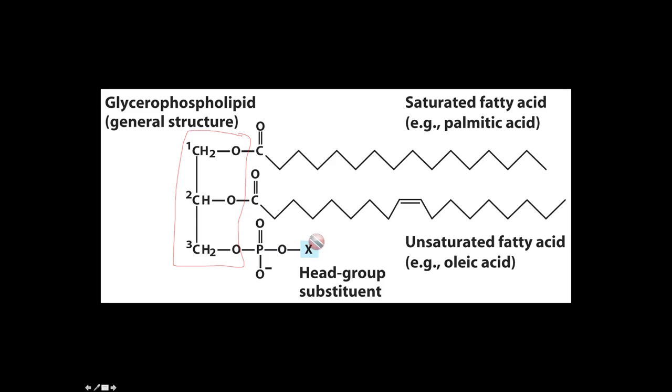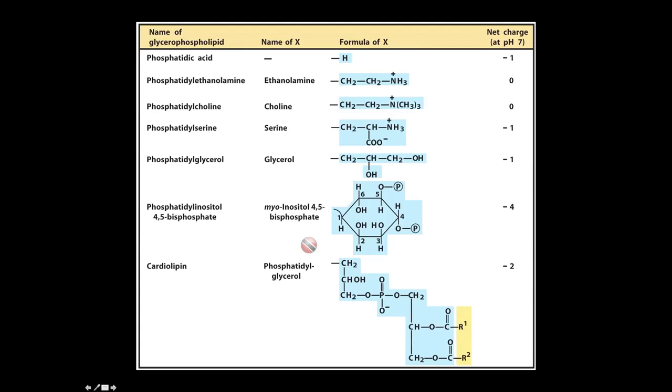And if you watch here, there's an X. Basically, what that X means is that other groups could add on here. Now, if X is H, which is hydrogen, we call this molecule a phosphatidate. But right now, what we're looking at is the general structure of a glycerophospholipid.